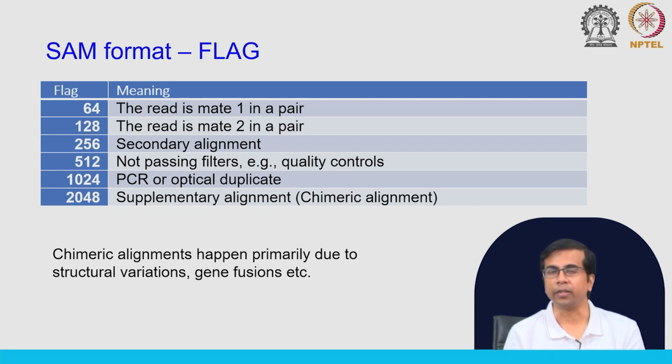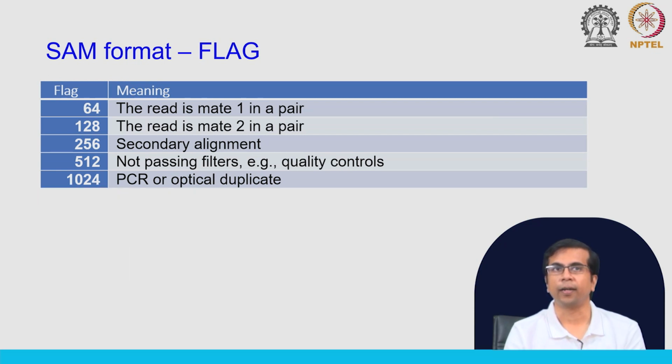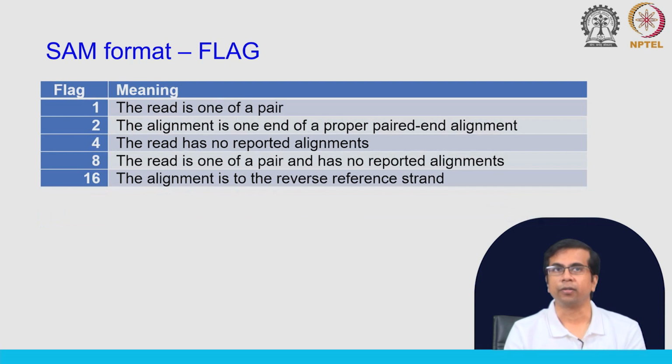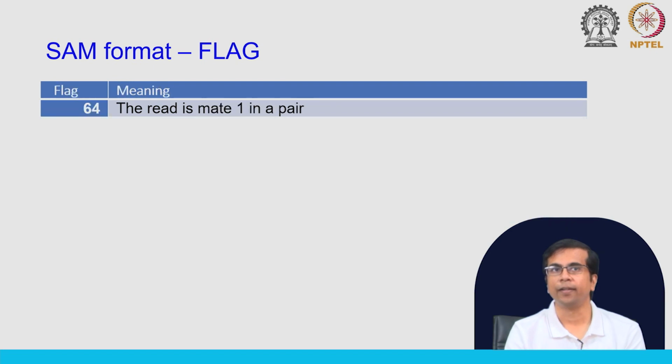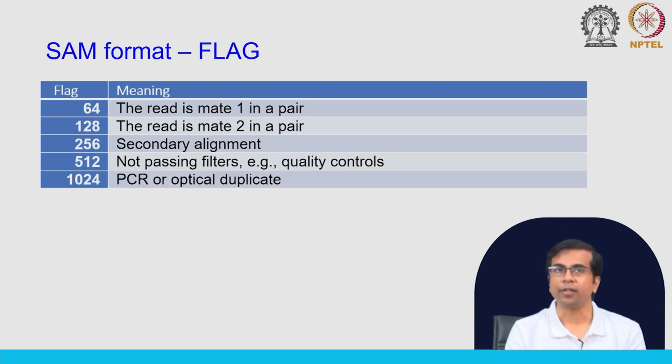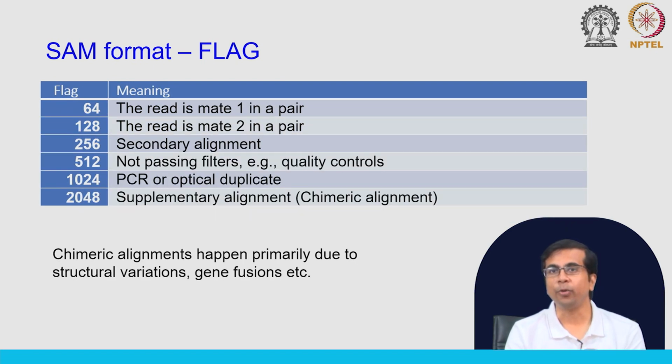Now, one thing you would notice about these flags, in the earlier slide as well as here, is that they are kind of separated. You have 2 to the power 0, 2 to the power 1, 2 to the power 2, and so on. This is done to generate unique sums. As I have mentioned, the flag that we get in field 2 is the sum of applicable flags.